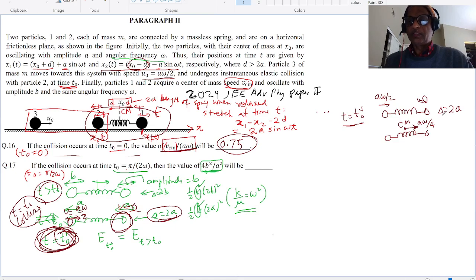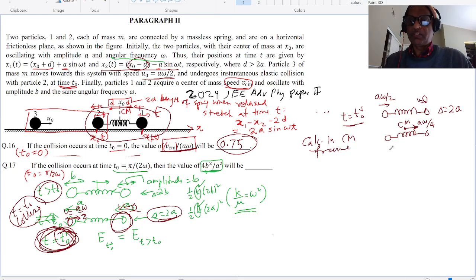This is how much the spring is stretched at this time. And the CM is going that way at a omega over 2. So I'm going to do the calculation in the CM frame.